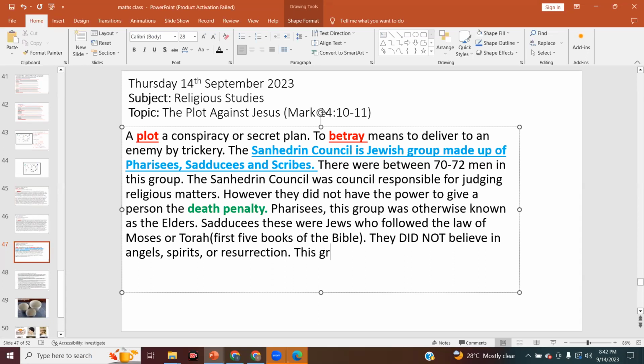This group was otherwise known as the chief priests.